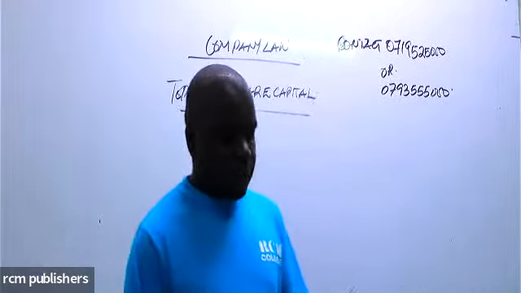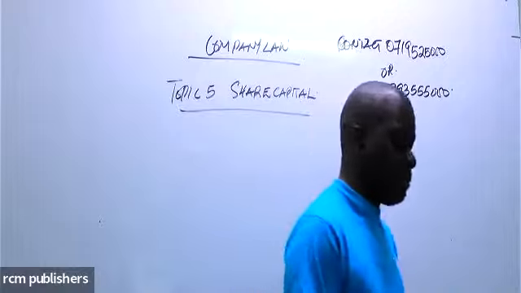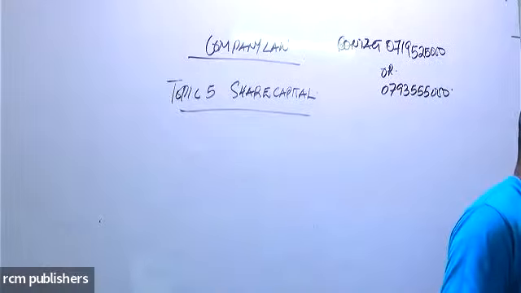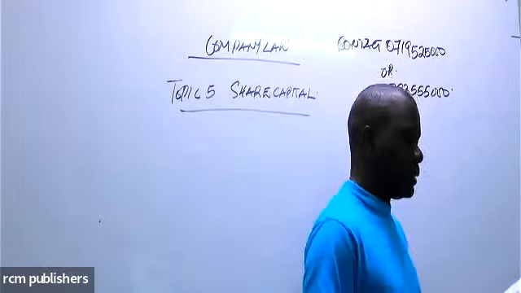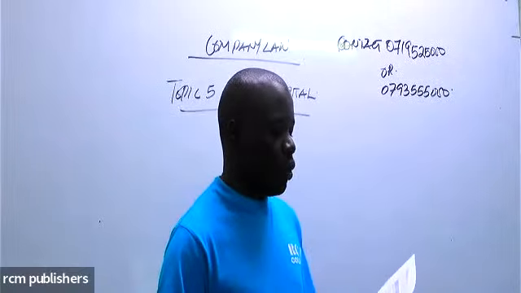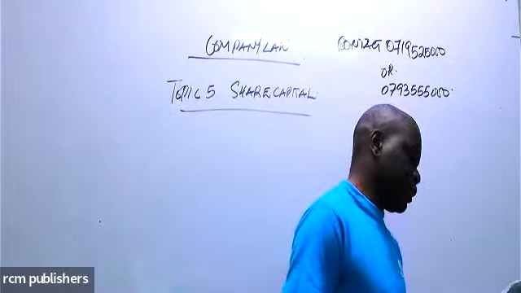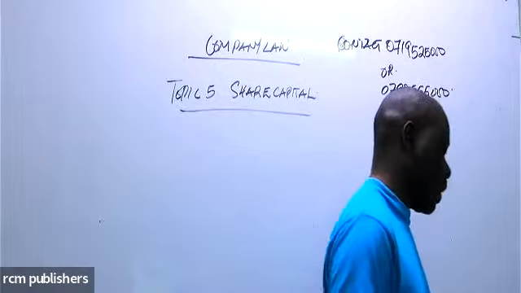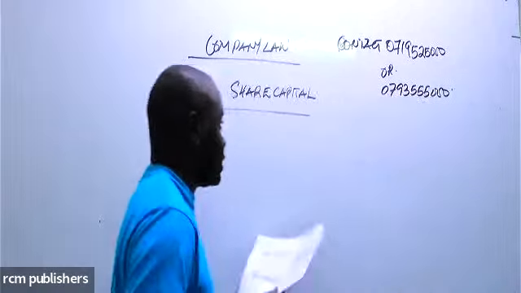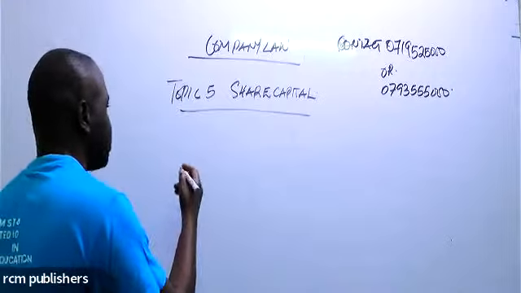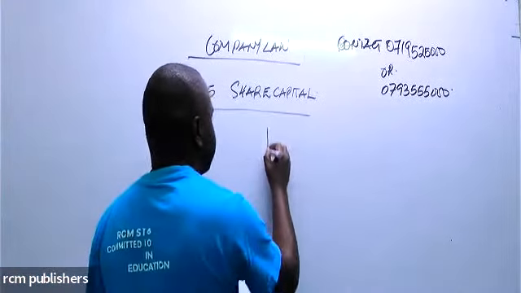So we left at the point where we are looking at a misleading prospectus. We said a prospectus that contains misrepresentation of facts is what we call a misleading prospectus. So we left at the point where we are looking at the remedies. Remedies in case of a misleading prospectus.